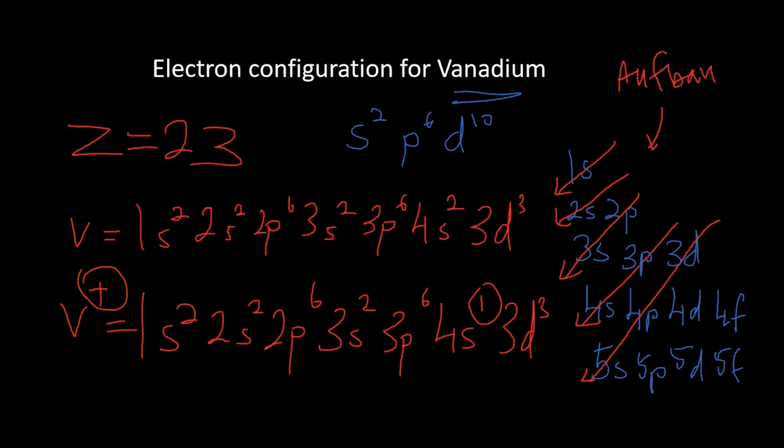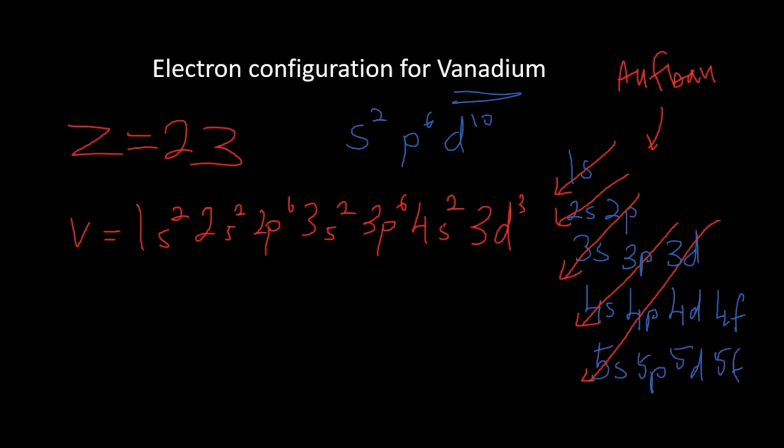But we also have another method of writing it. Because chemists are lazy, you can just write the noble gas before, argon in this case, because argon has 18 electrons, and you can skip all those time-consuming sub-level writings and go straight to after 18 electrons.